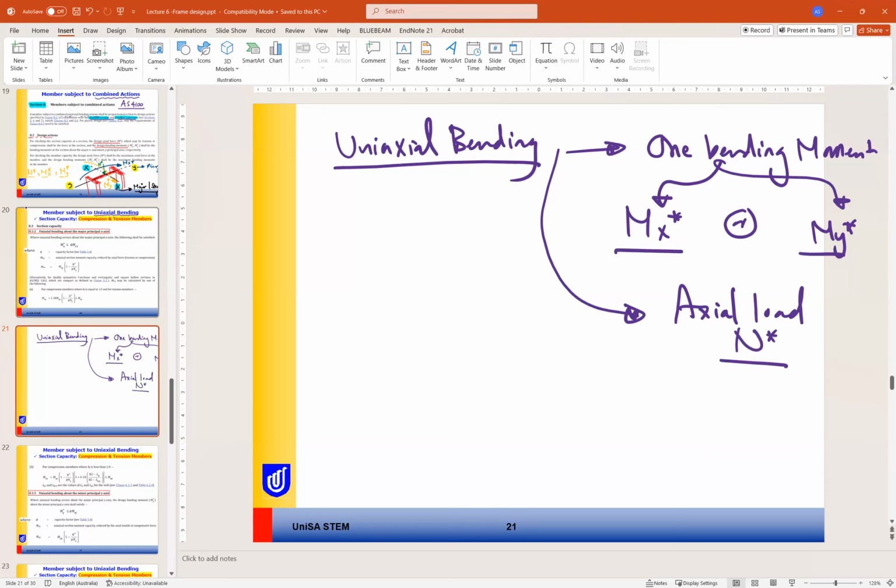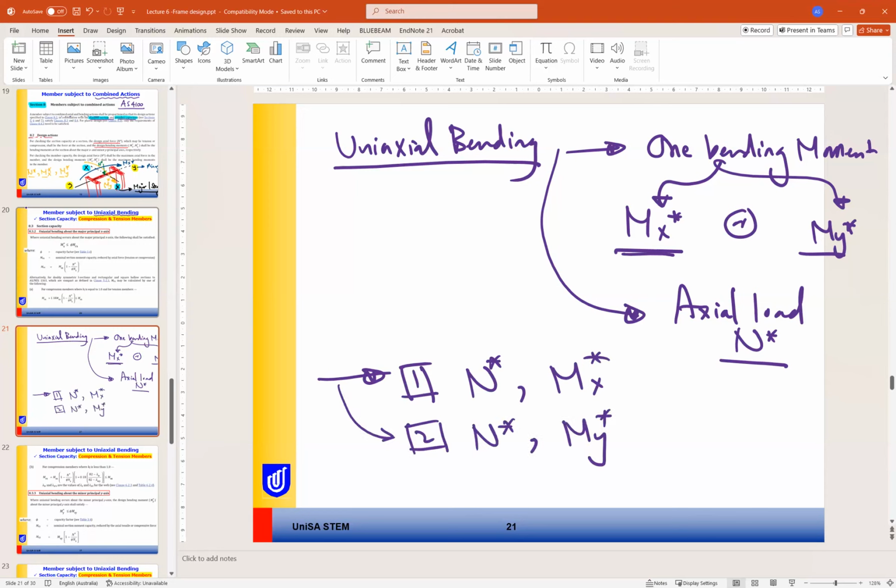So you can have N asterisk with Mx, and two is N asterisk with My. So these are the two cases.